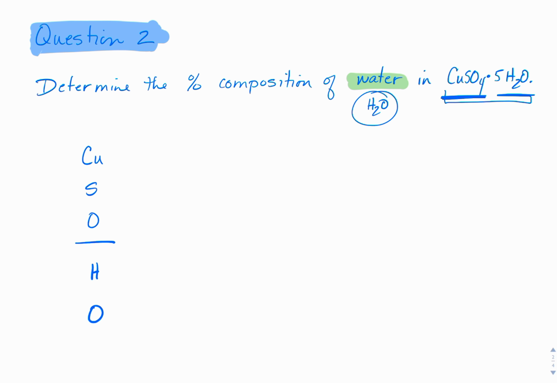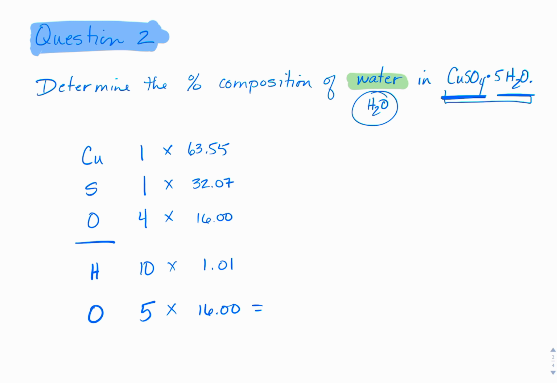And so for copper, we know that there is only 1 atom of copper in that entire substance. There is 1 atom of sulfur, 4 oxygens in the copper 2 sulfate part, 10 total hydrogens, and 5 oxygens. And we're going to multiply those times each of their atomic masses. For copper, that ends up being 63.55. For sulfur, 32.07. Oxygen is 16.00. Hydrogen is 1.01. And again, oxygen 16.00.